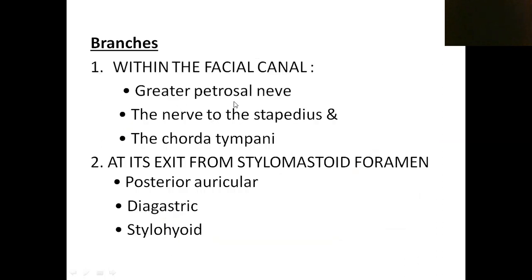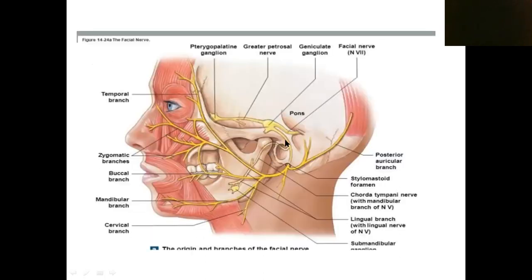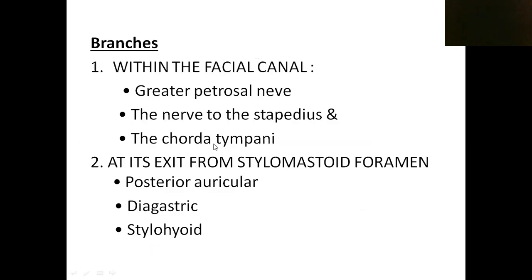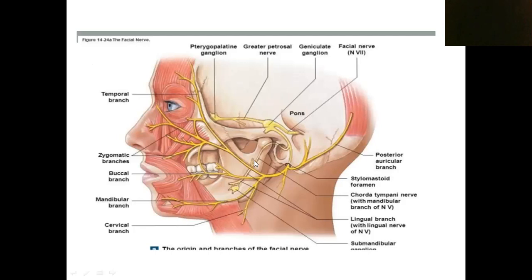So the first branch is the greater petrosal nerve arising from the geniculate ganglion. Then it runs backward, then downward. This downward part gives 2 branches, one to the stapedius muscle, near the middle ear, and the other known as the chorda tympani branch.